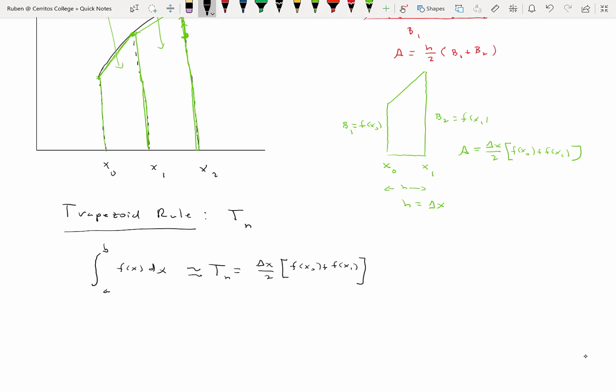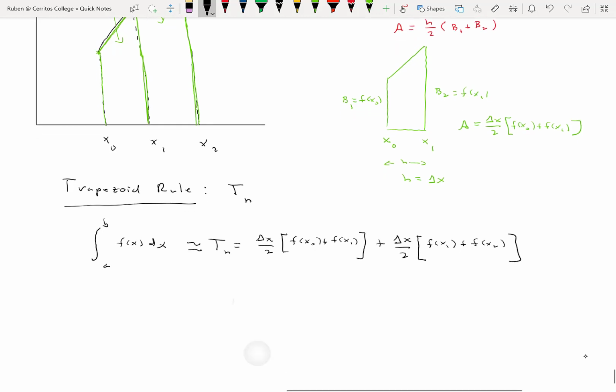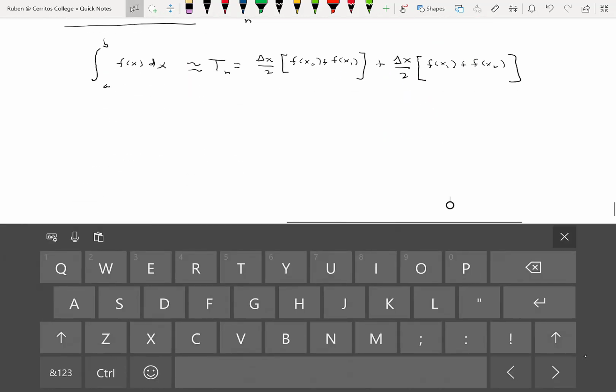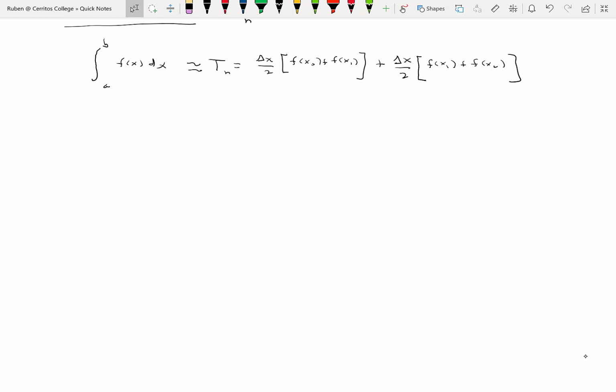So let's figure out the area of the second trapezoid. It's going to be delta x over 2 again. Same height for all the trapezoids. The height is actually the width here. Times the sum of the two y values. The left y value is f of x sub 1. The right y value is f of x sub 2. If I drew in a third trapezoid, I'd have plus delta x over 2 times f of x sub 2 plus f of x sub 3.